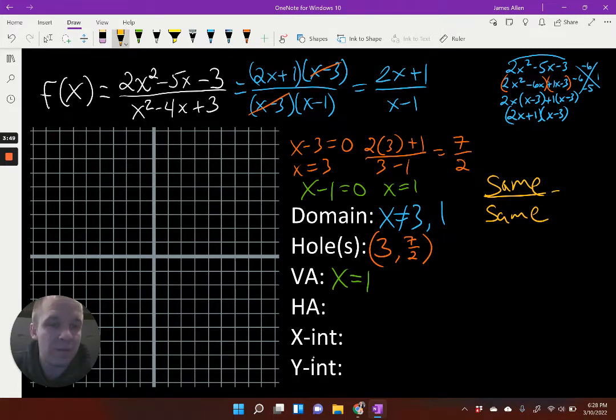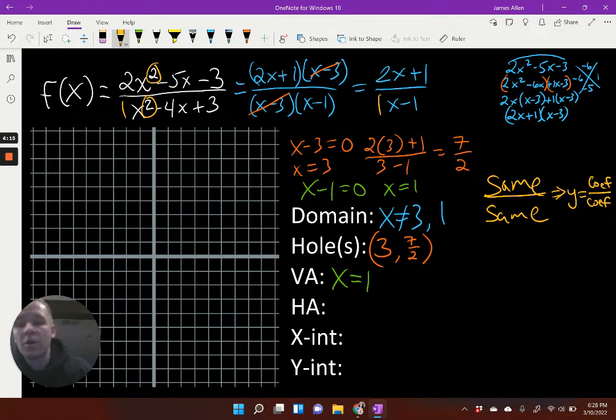So it's going to be y equals coefficient over coefficient. For this one, the degrees in the original are both 2. Even in my simplified one, I have a degree of 1 and 1. It's the same over the same. So I'm going to look at my lead coefficient. Whether we look in the simplified or the original, it's going to be 2 over 1.